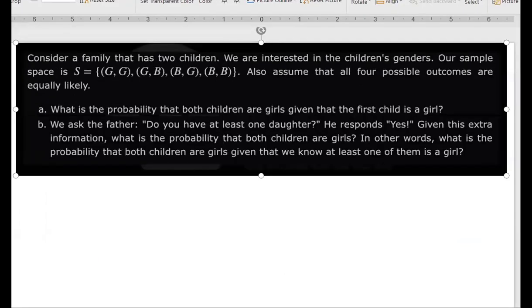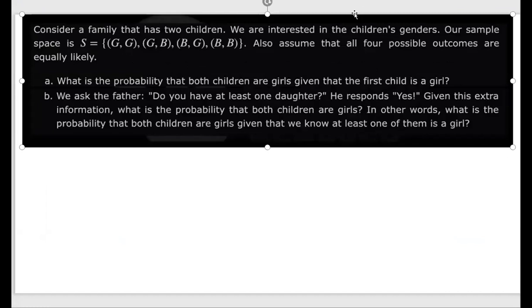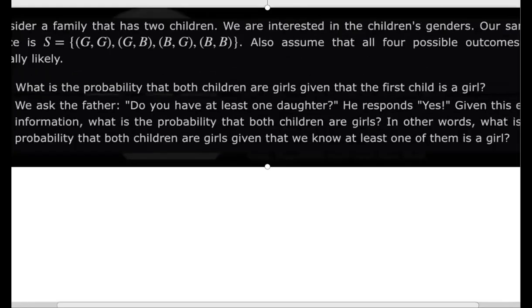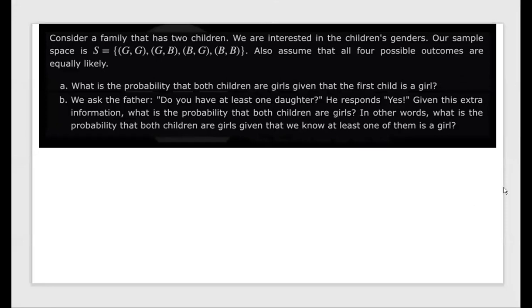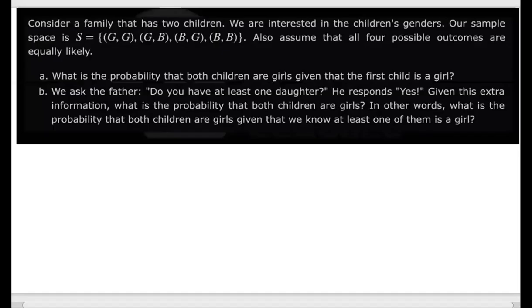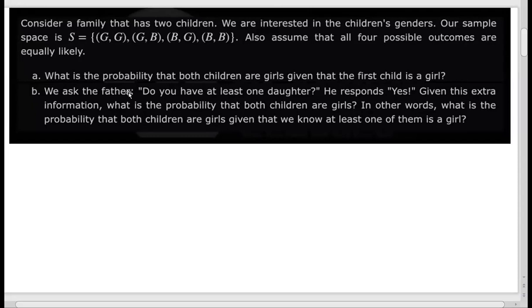Just 2 seconds. I think it's visible to you all.